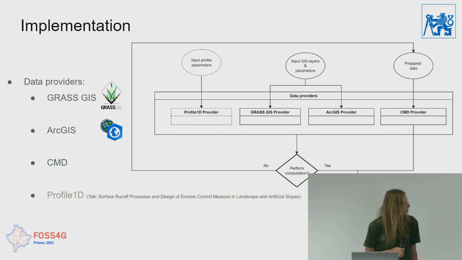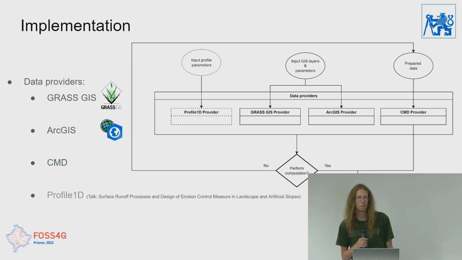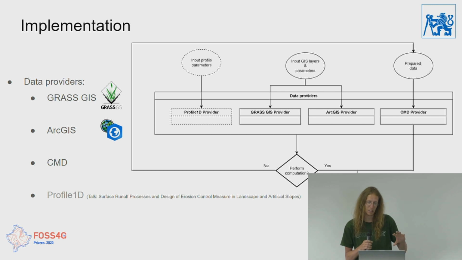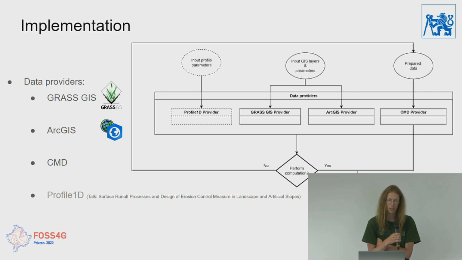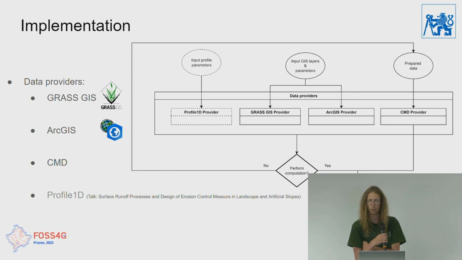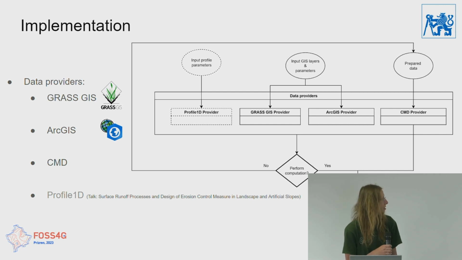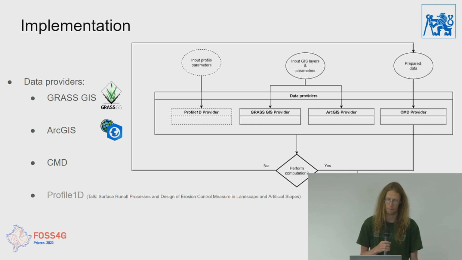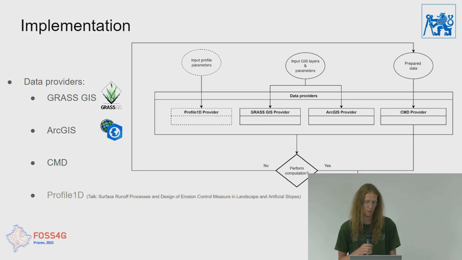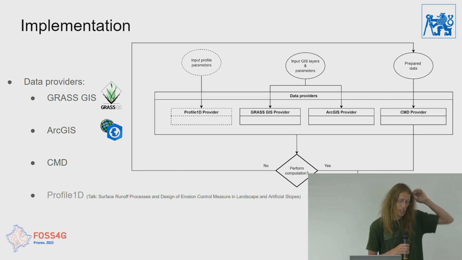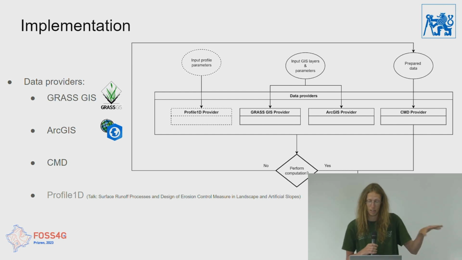And as you can see from the graph, the implementation actually consists of two parts: something that we call data providers, which prepares the data for the computation, and a thing that we call the SMODERP core, which is the actual hydrological model that runs some computations and then flushes out some geospatial maps, or some maps in general.